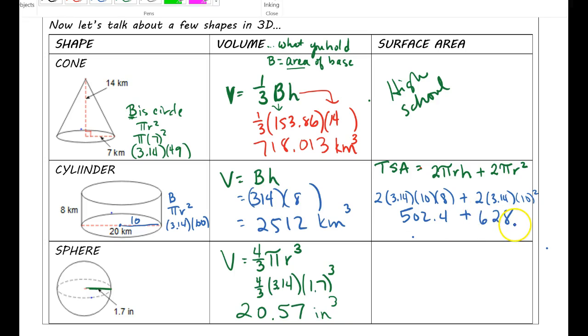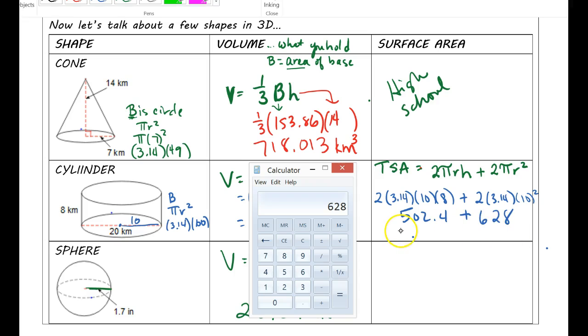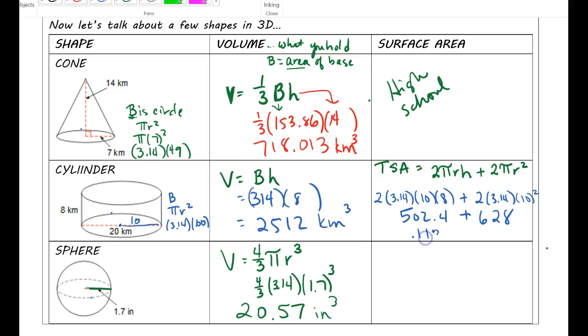Now I put those two together at the very end, so 628 plus 502.4, and I get 1130.4. And this was surface area, so we get to use the little 2 as our unit of measure, the little squared up there, kilometers squared. So that would be our answer, guys. So 1130.4 kilometers squared.